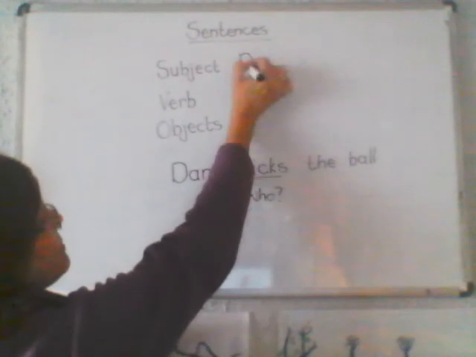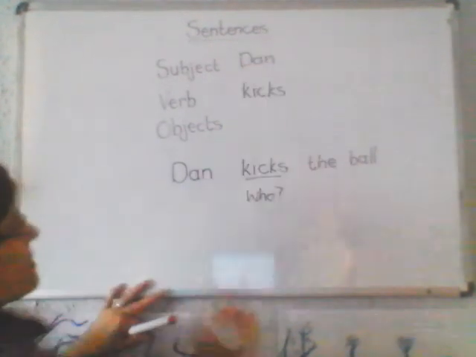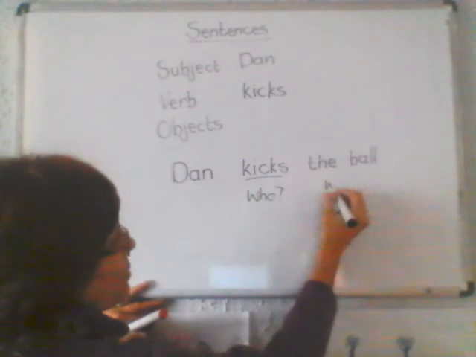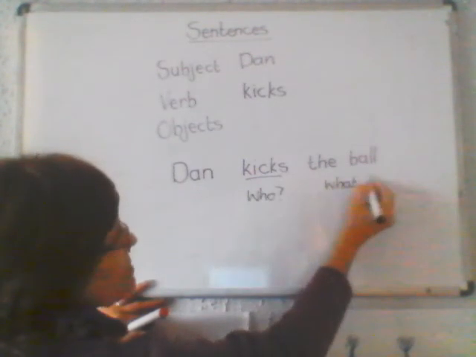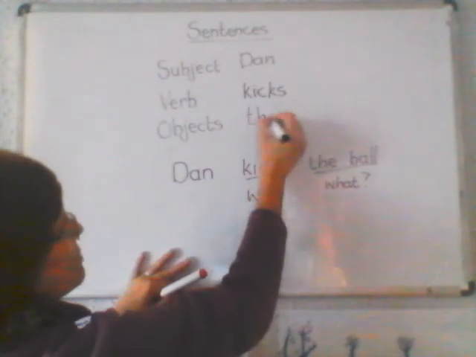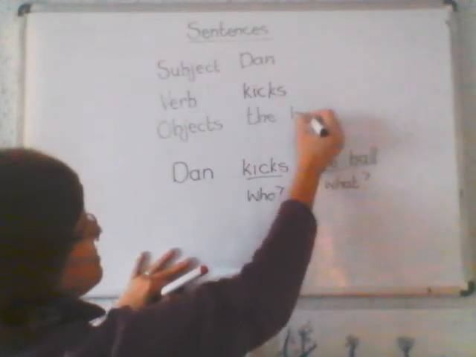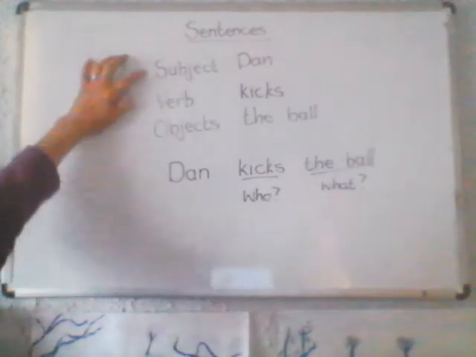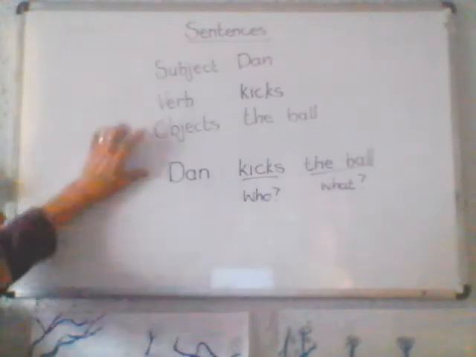So Dan is the subject. Now we ask Dan kicks, what? And the answer is the ball. So there we have the sentence. The verb is kicks, the subject is Dan, and the object is the ball.